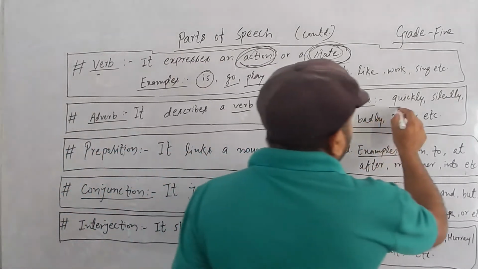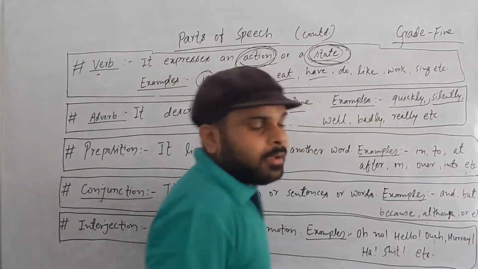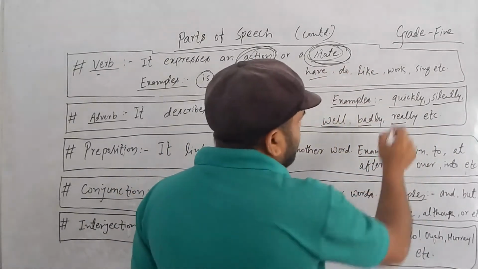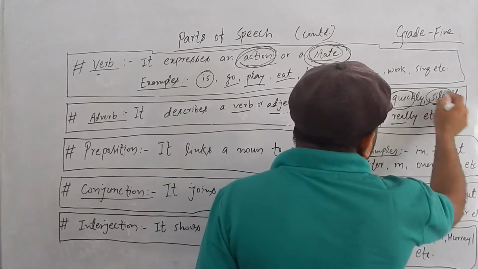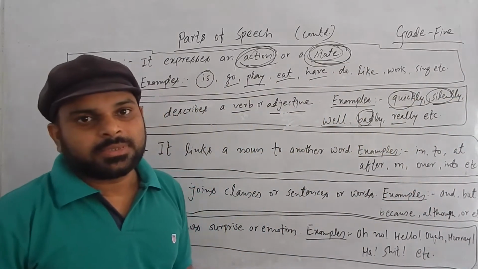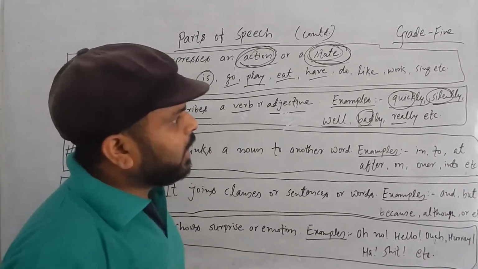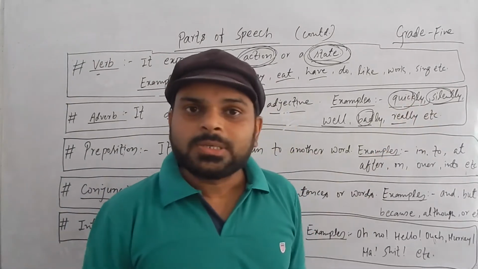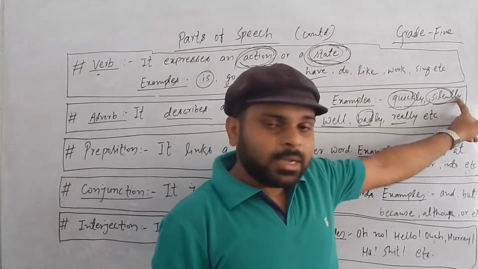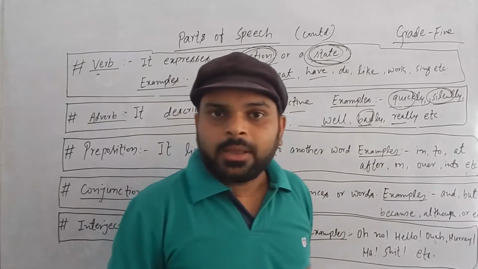So quickly, silently, well, badly, really. What are these? Quick, silent, bad. What are these? These are adjectives. And adverb describes these words by adding ly.